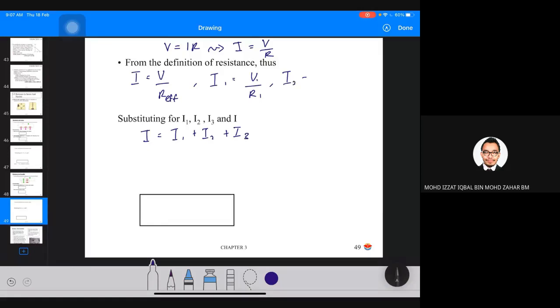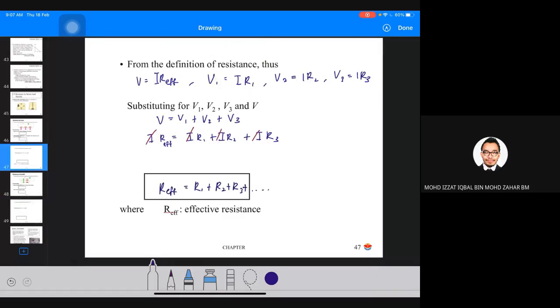Okay, since the voltage is the same, I can cancel out the voltage. So you will get 1 over R effective is equals to 1 over R1 plus 1 over R2 plus 1 over R3. So from here it comes.